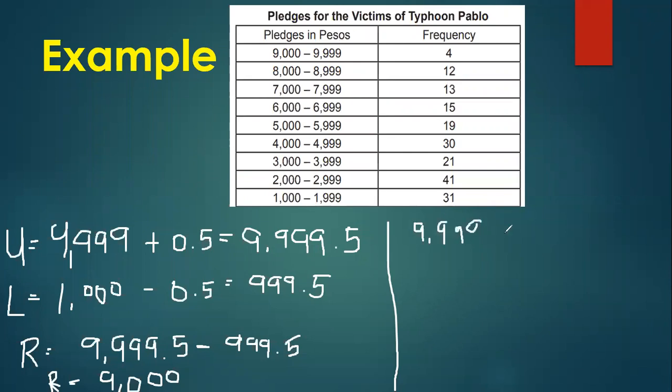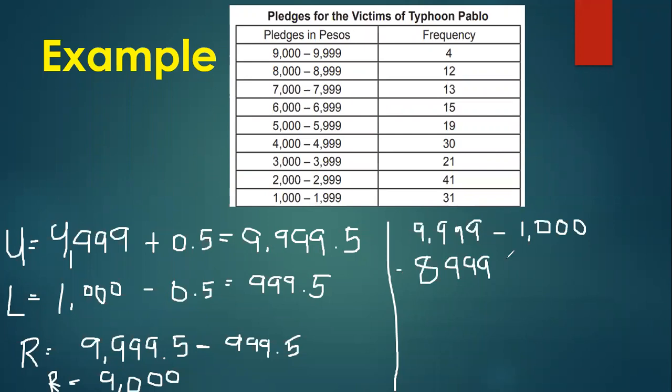Then minus the lower class limit, that is 1,000. 9,999 minus 1,000, what is the answer? 8,999, right?